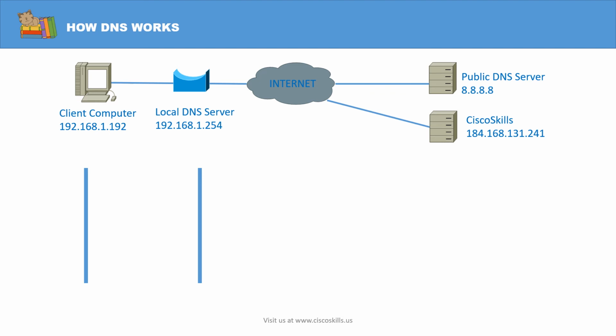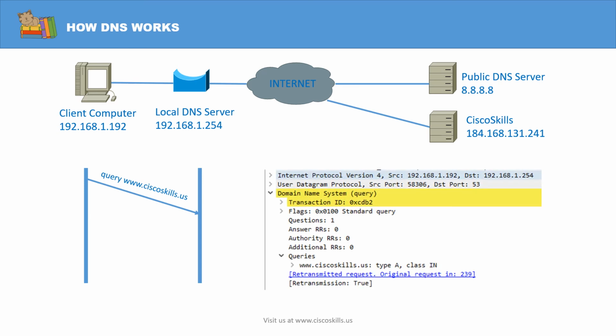Let's see how DNS works behind the scene. When the client computer sends the query for the IP address of the Cisco skills.us website, it actually sends this query. As you can see, this is a DNS query, and it's query for the Cisco skills.us website IP address.